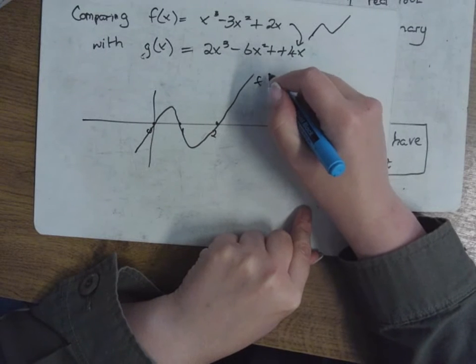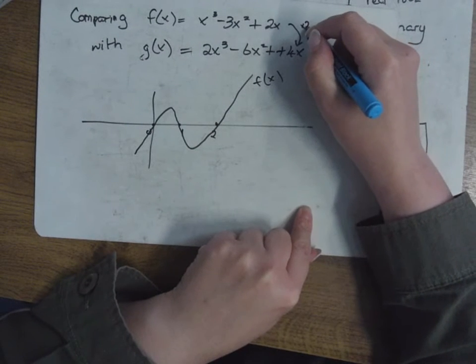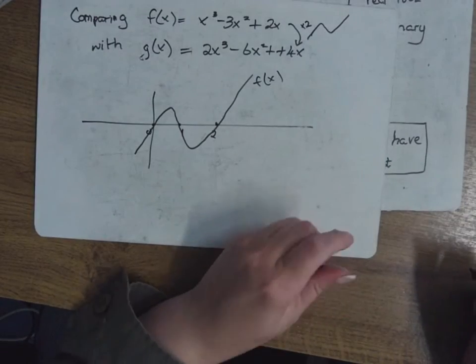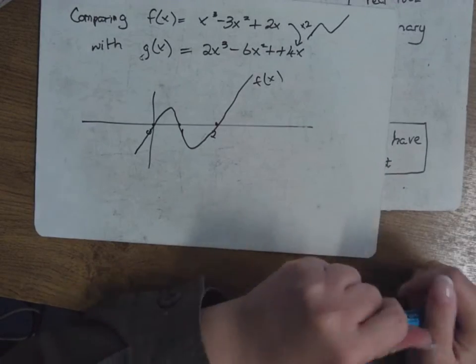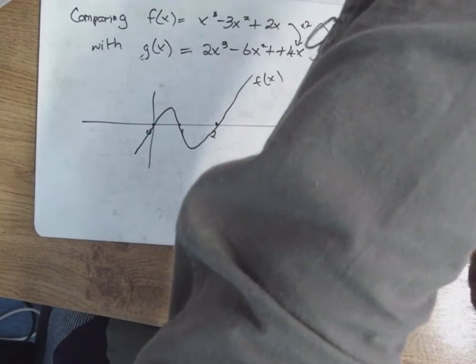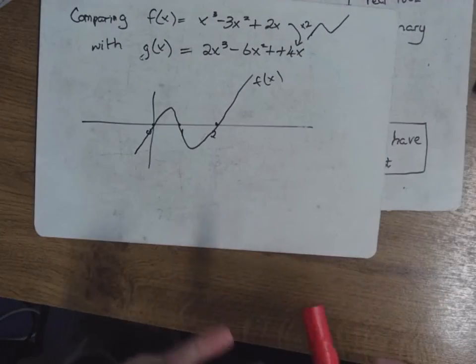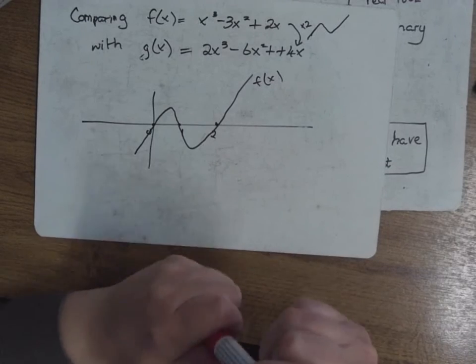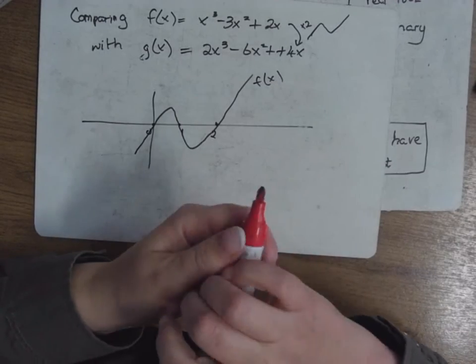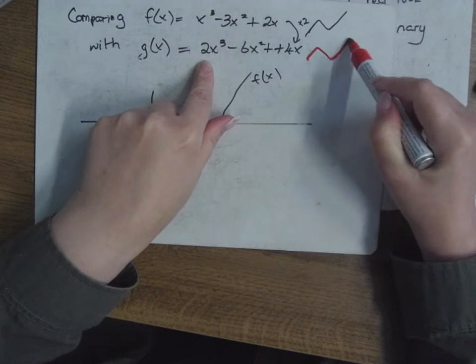Double it, isn't it? So to go from f of x to g of x, I multiplied by 2, didn't I? And what you'll find, girls, is when you draw the graph of that, again, it's a positive x cubed term, so that means it's going to finish on a high again.